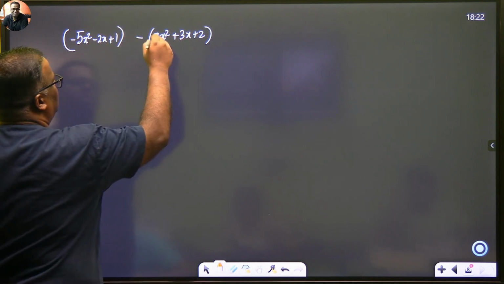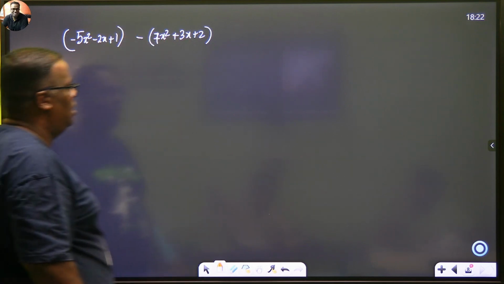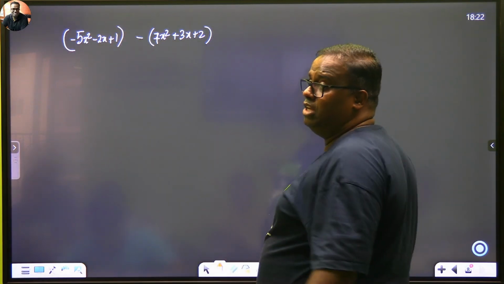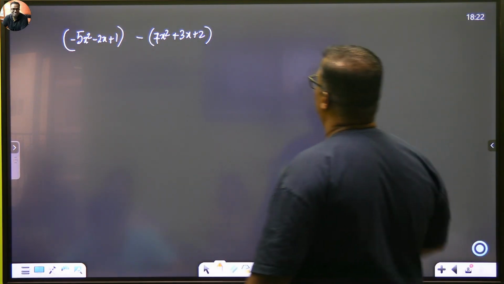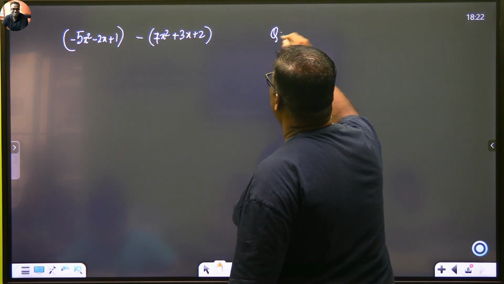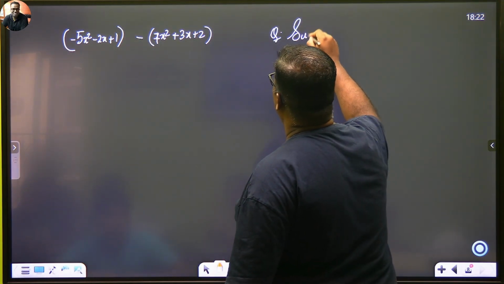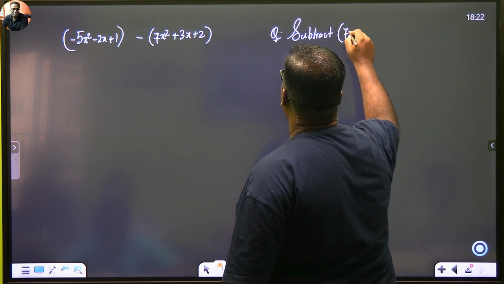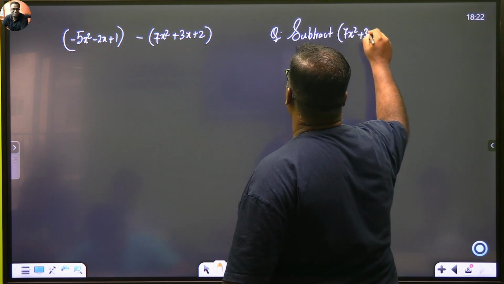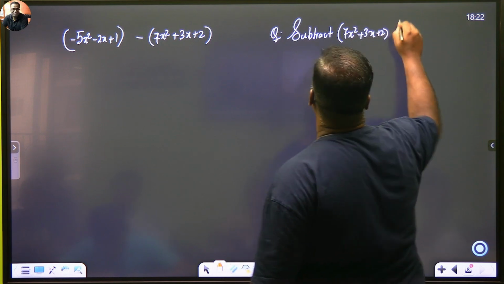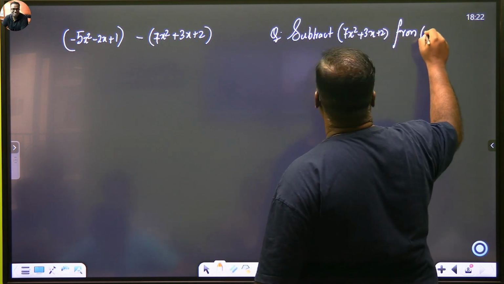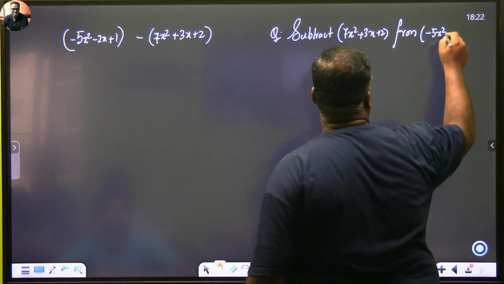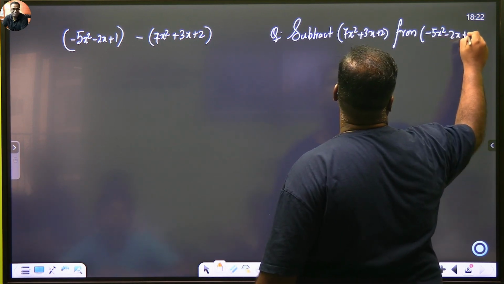Now here a lot of mistakes you will make initially. I have given this problem in this format to you, but if it was given as a word problem, then what will I write? I will write: subtract 7x squared plus 3x plus 2 from negative 5x squared, negative 2x plus 1.